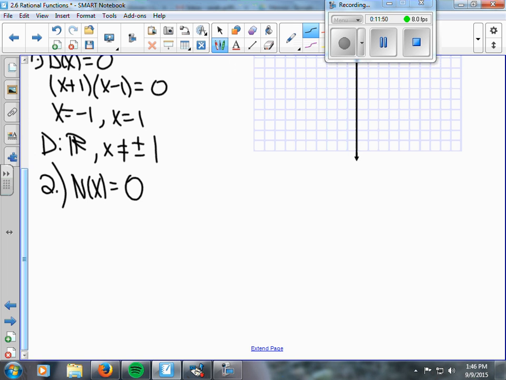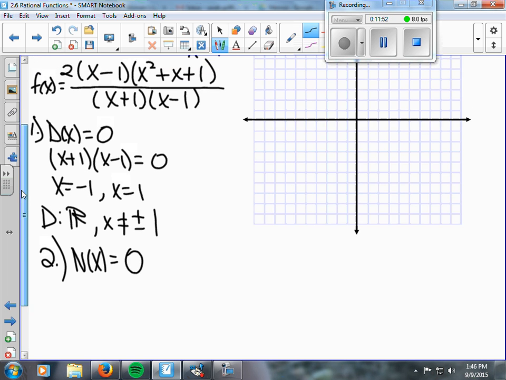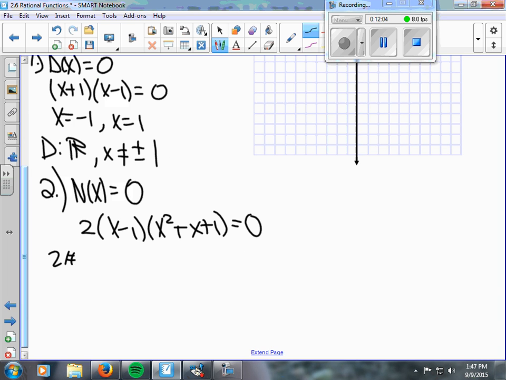When I set the numerator equal to 0, dealing with my nice pretty factored form, that's 2 times x minus 1 times x squared plus x plus 1 equals 0. So 2 doesn't equal 0. X minus 1 equals 0 when x equals 1. And x squared plus x plus 1 will not equal 0.